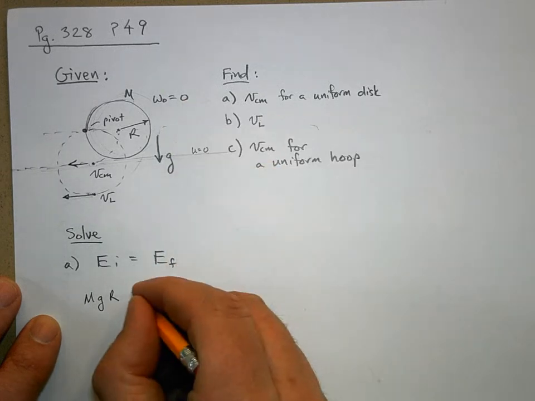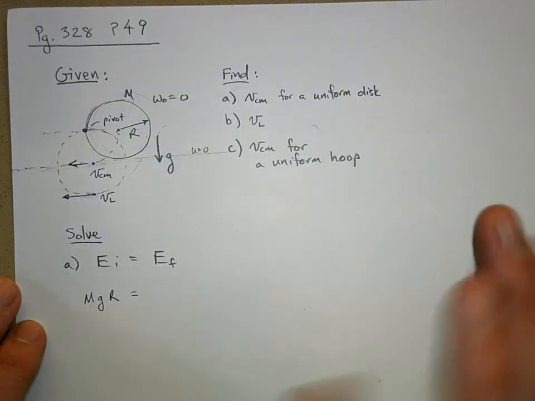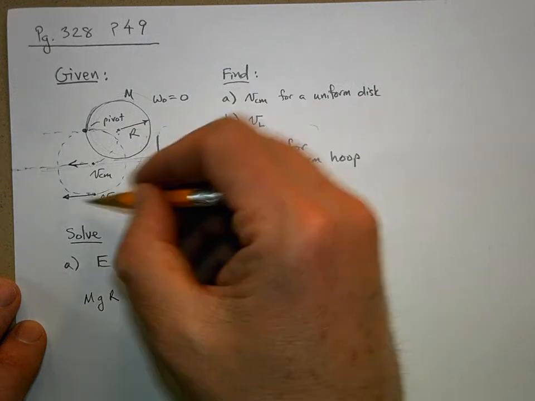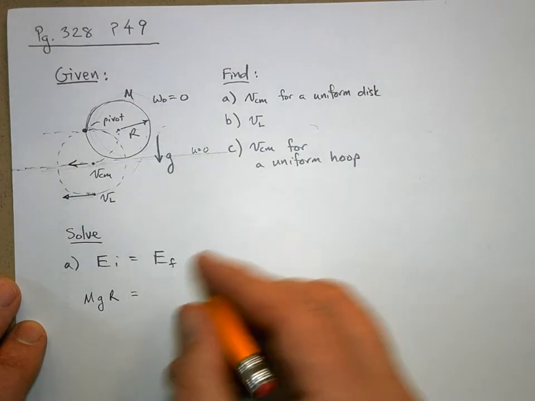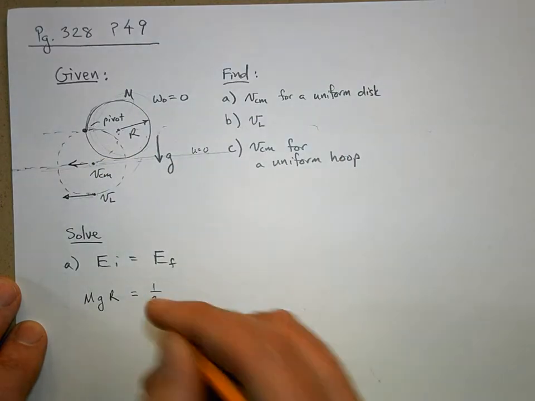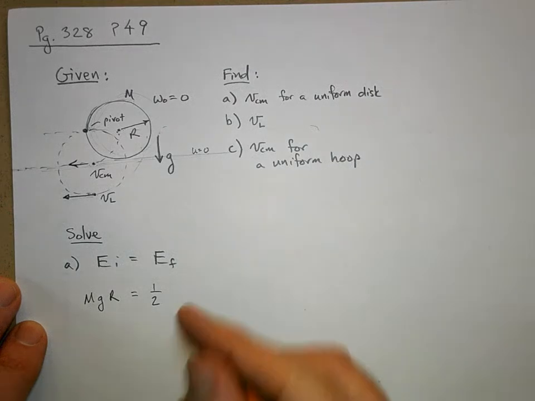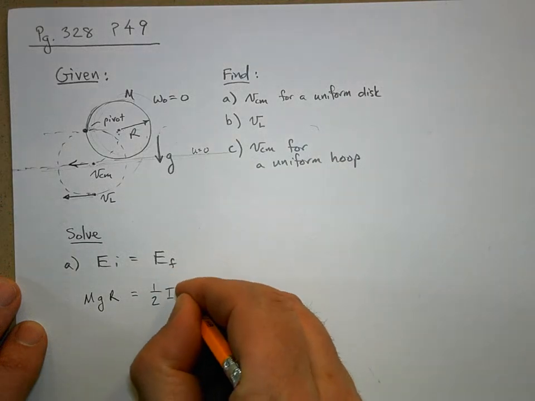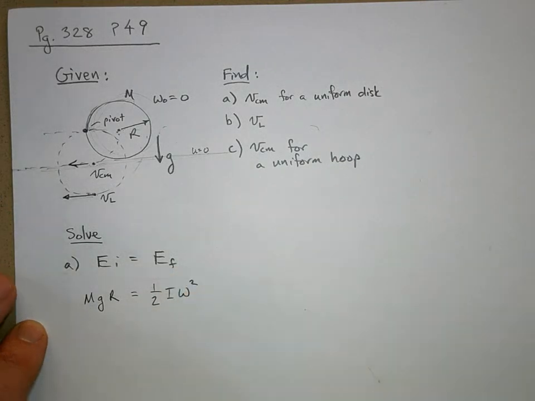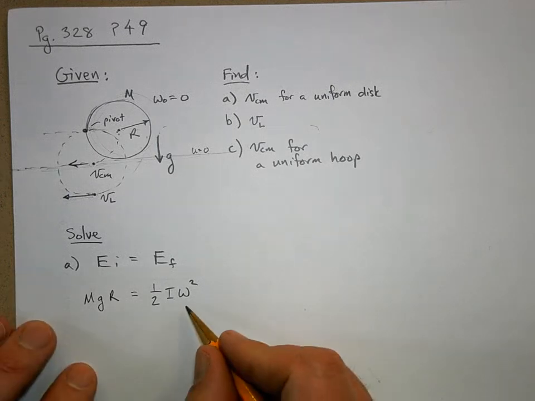All that turns into rotational kinetic energy when it's here, because it's swinging about this axis, and that's 1/2 I omega squared. But we have to figure out what I is.